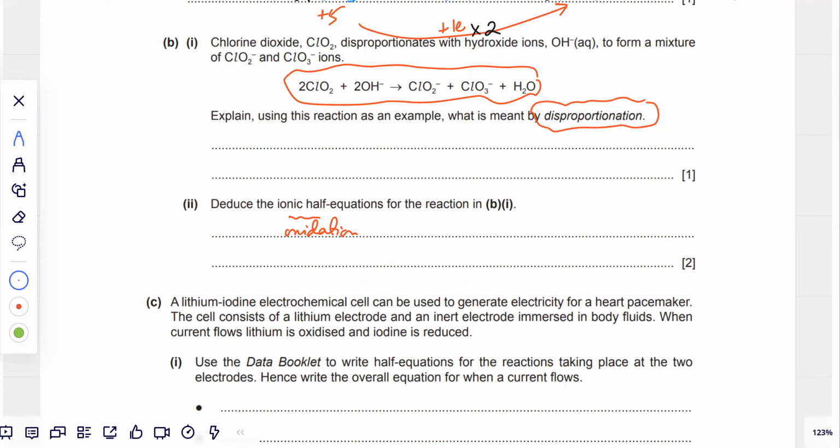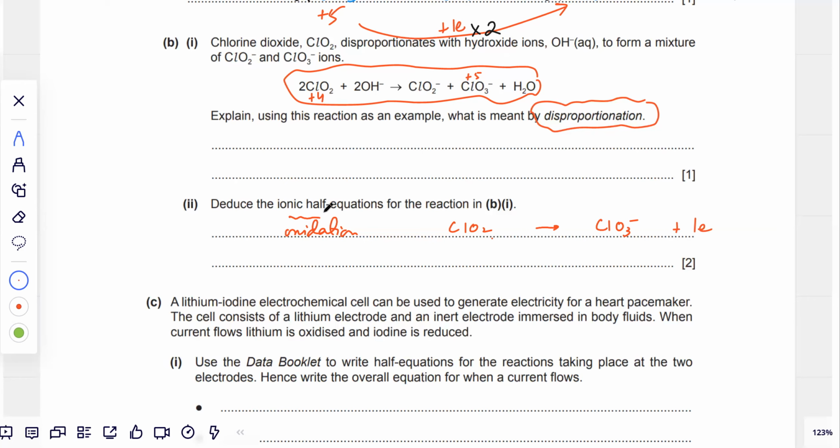So oxidation, Cl goes from +4 to, I think, +5, right? That's oxidation. So it goes from ClO2 to ClO3-. Goes from +4 to +5. That means it's a loss of 1 electron. So that's 1 electron being lost. Is that clear?